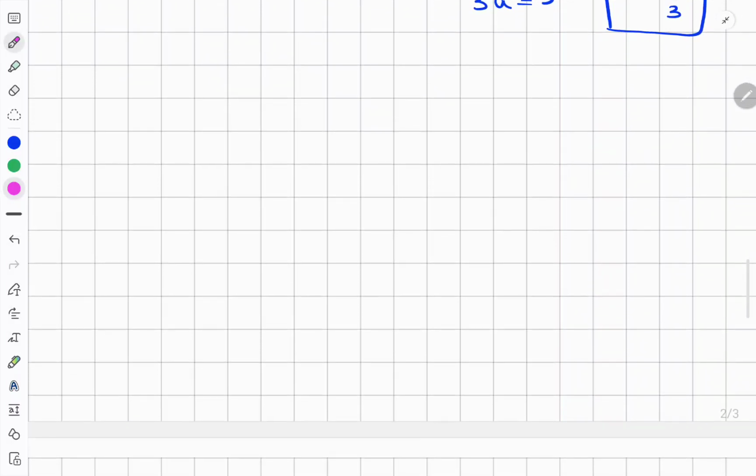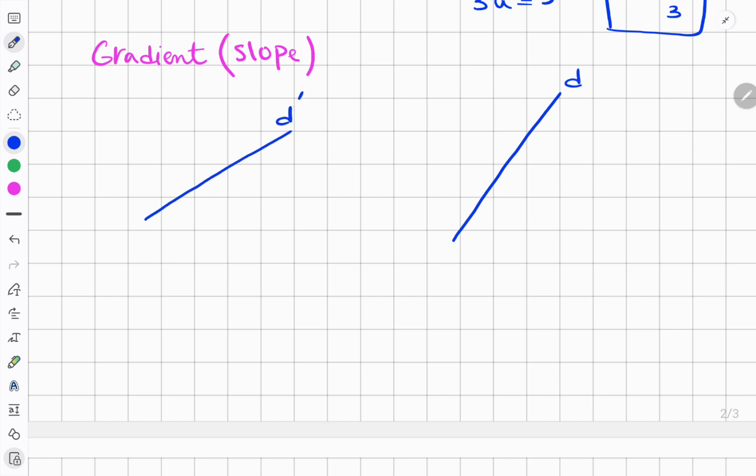And now we are going to talk about gradient or slope. The gradient or slope of a line is a measure of its steepness. Imagine that we have two straight lines. The first one is called D, and the second one is D prime.